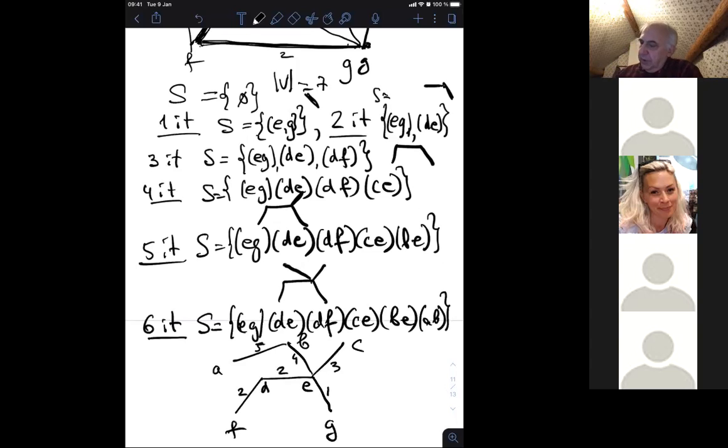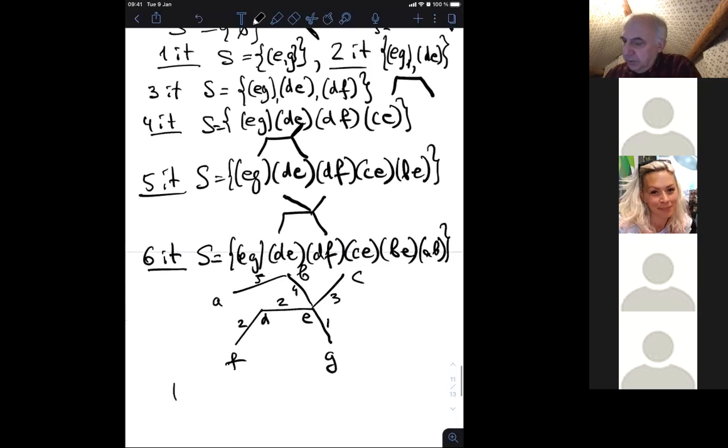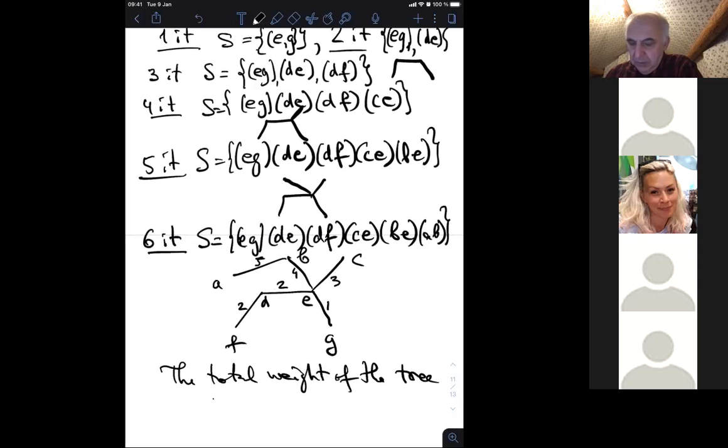So we were gluing them in the order, of course, 1, 2, 2, 3, 4, 5. And this would be my spanning tree. The total weight of the tree is, so we can check it, 1 plus 2 plus 2 plus 3 plus 4 plus 5. The total would come to 17. Okay. Good.